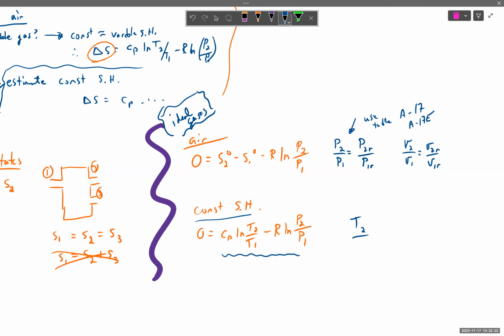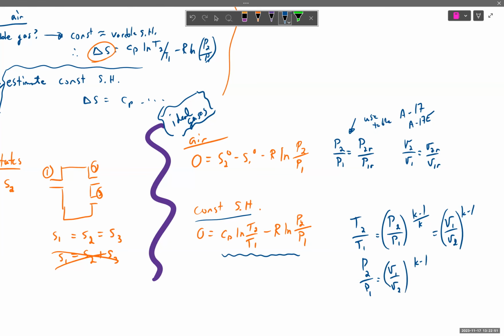I'll recast them for you so you don't have to play around with the equation here. P2 over P1 equals T2 over T1 to the K over K minus 1. Or you can put it as a volume ratio. Or just do some algebra, and you have that form.